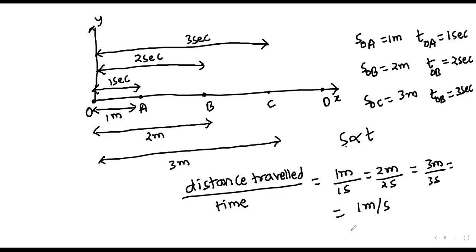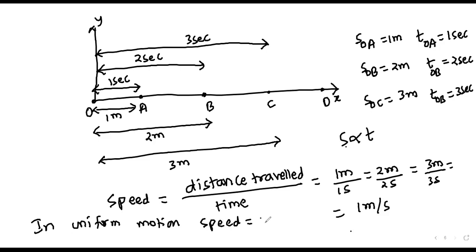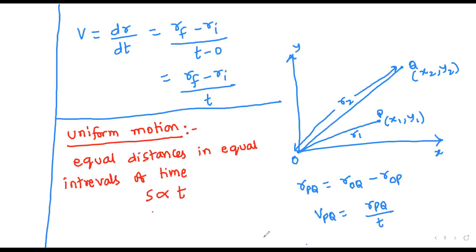By definition, distance traveled by time is nothing but speed. That's why we say that in uniform motion, speed is constant. Write down: uniform motion.